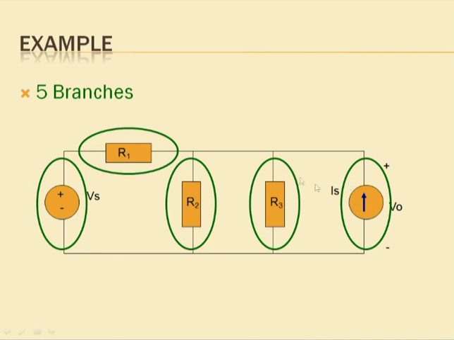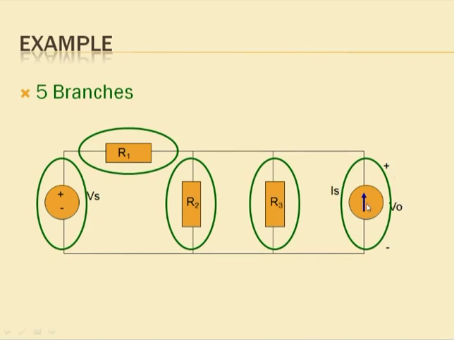Here one important thing that I would like to tell you is that the current source is given, and across the current source the voltage is given, that is the plus minus VO. Now that is known as the terminal voltage that will appear across the current source.